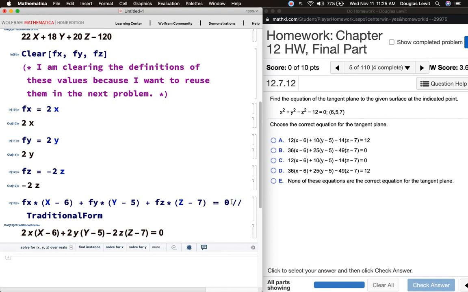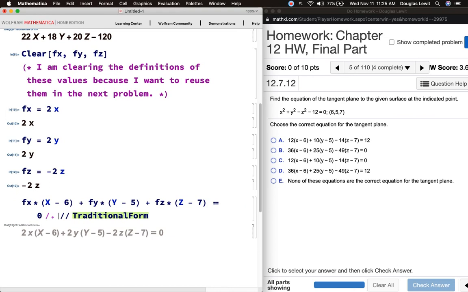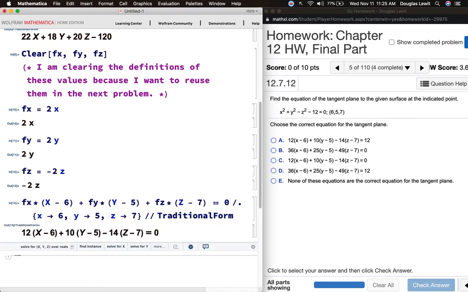Oh, okay. We forgot one very important thing. Replace x with 6. Replace y with 5. Replace z with 7. There we go.